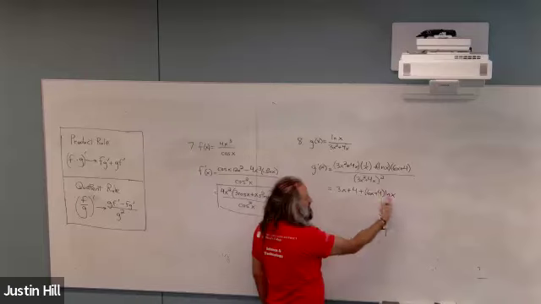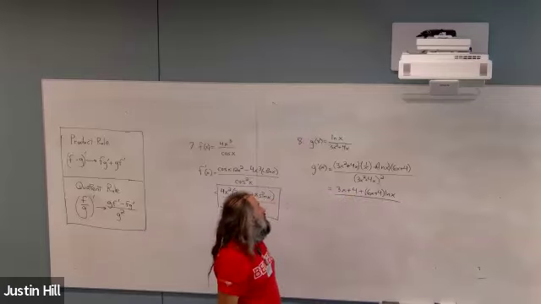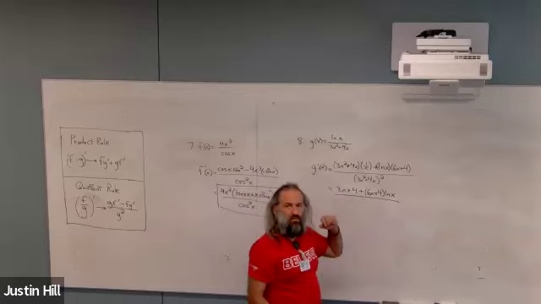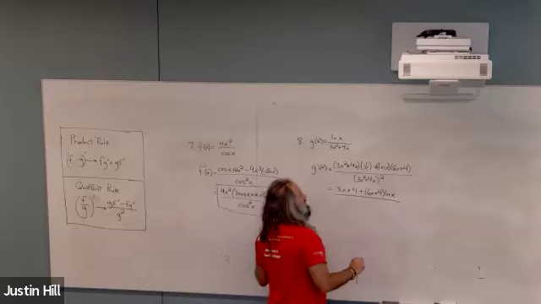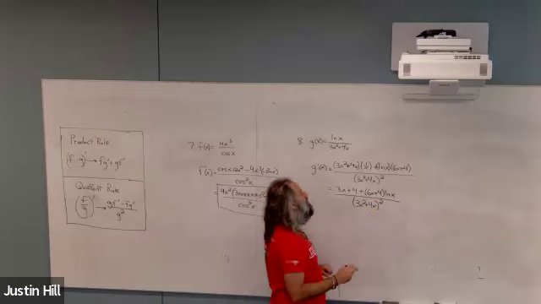I could distribute the natural log of x if I want, but I'm just going to get natural log of x in front of each of these, so that doesn't really simplify anything there. So I end up with a top that is just a bunch of separate pieces that I can't really combine. The bottom is then 3x squared plus 4x, squared. You can go ahead and distribute that out.